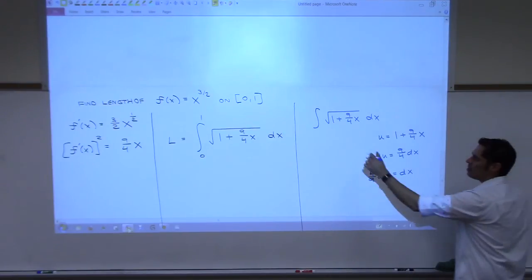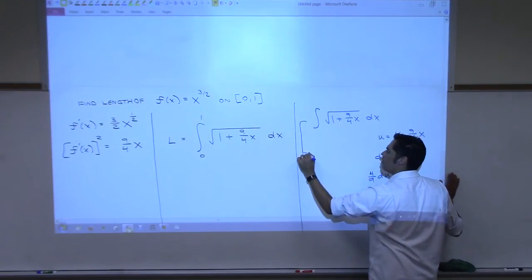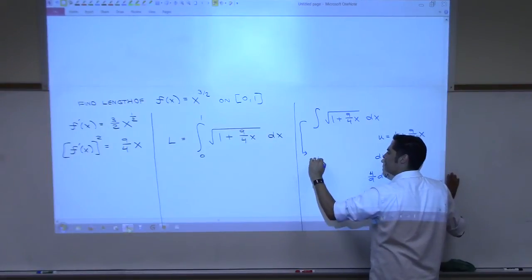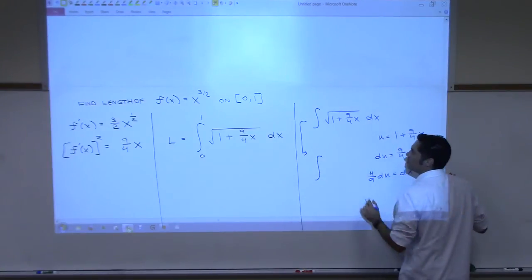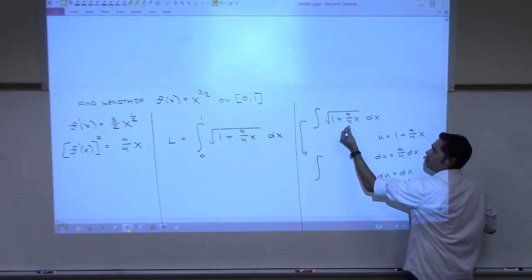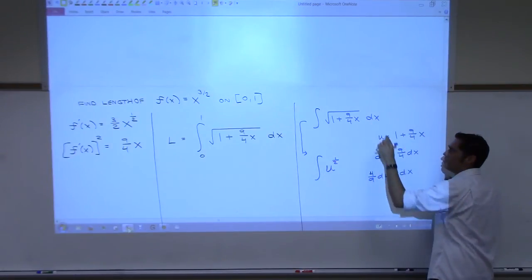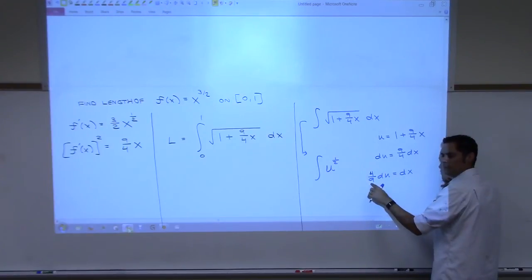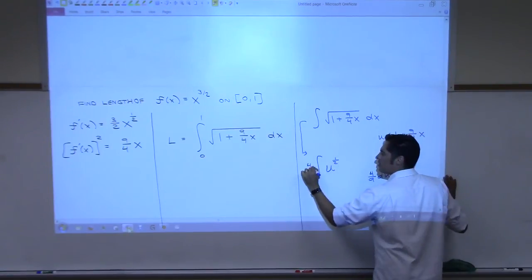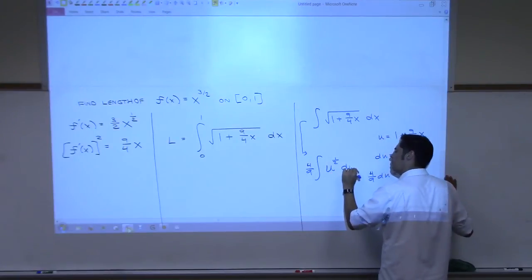So if I rewrite this integral in terms of u now, this is the square root of u. I'm going to write that as u to the half. And then what's dx? 4/9 du. So how about 4/9 out here? du.